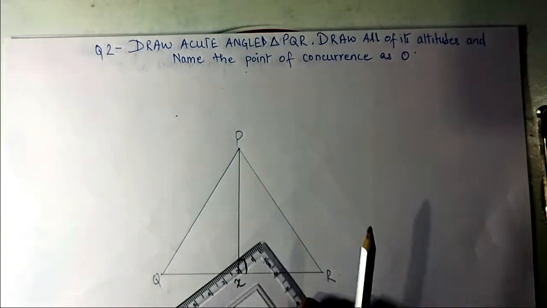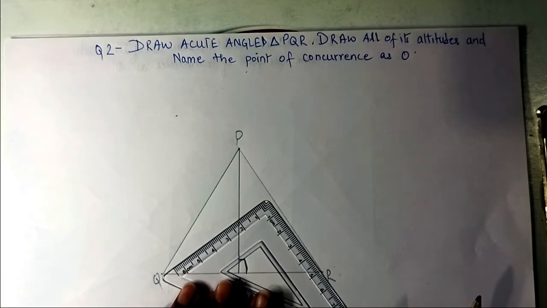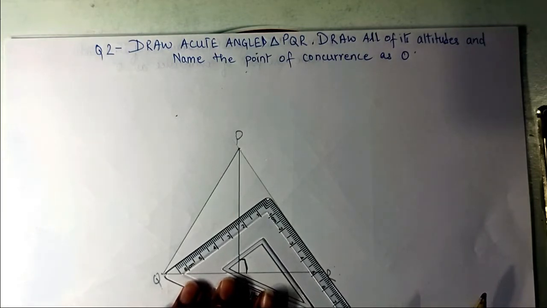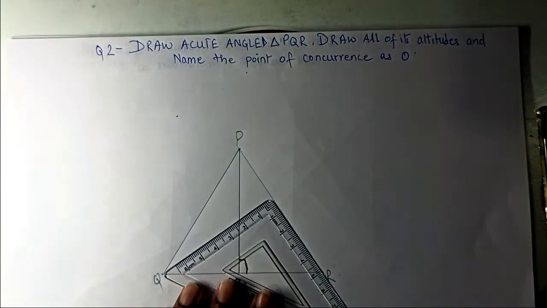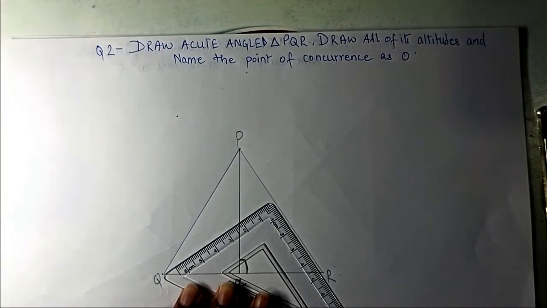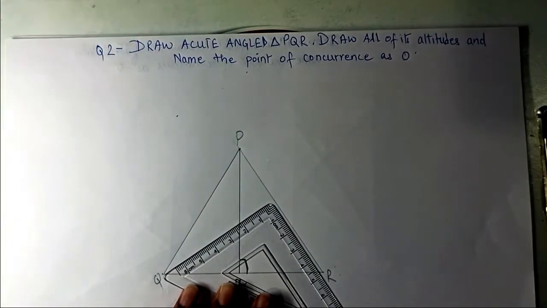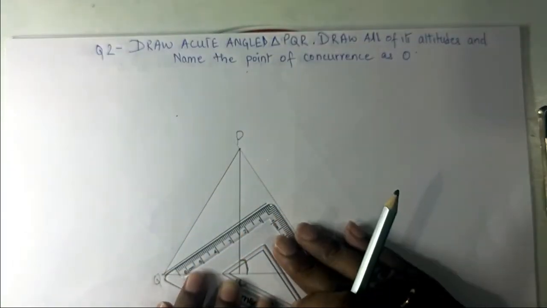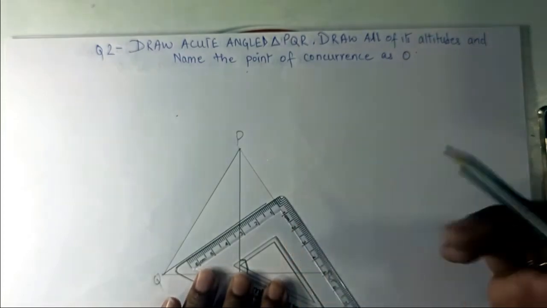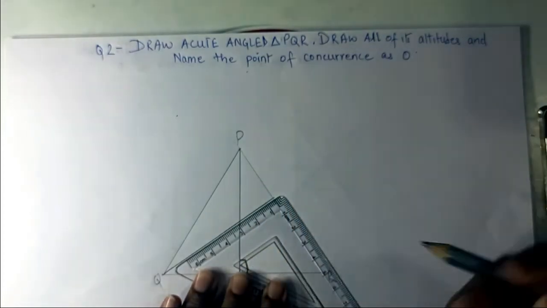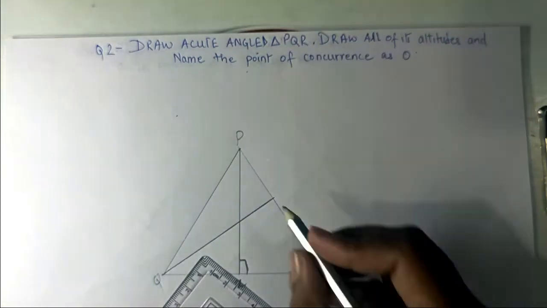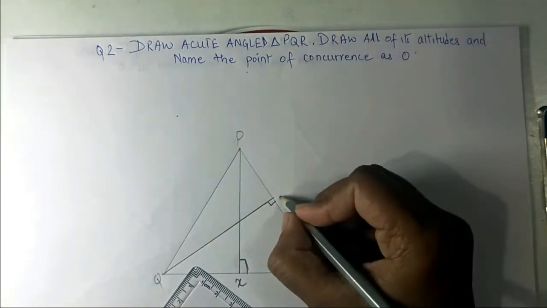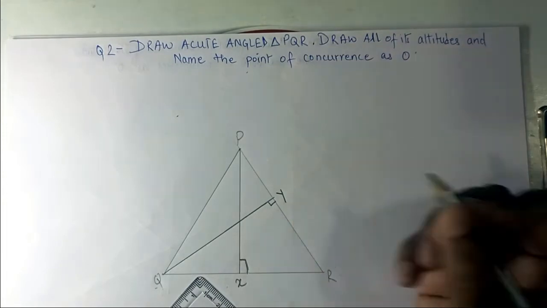Now this is how you have to keep this, okay? And this is your perpendicular Y, QY.